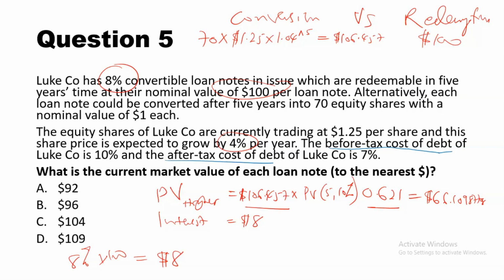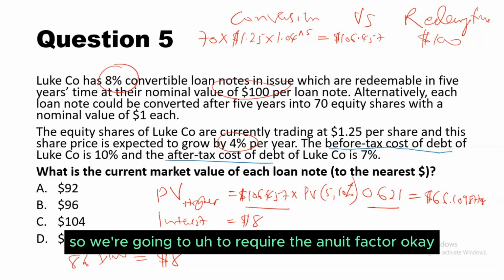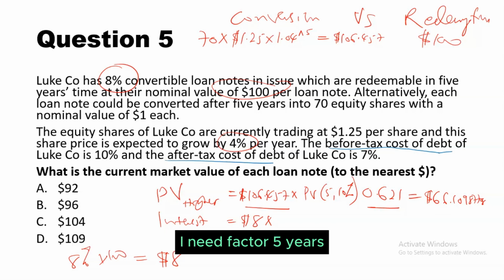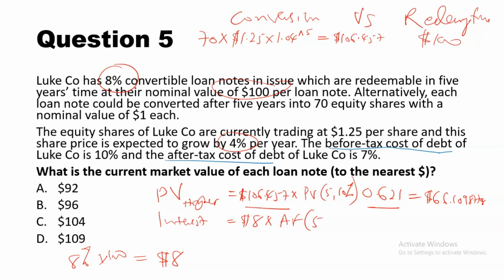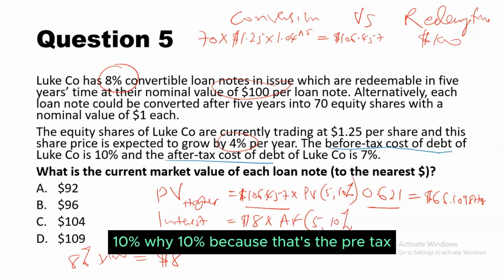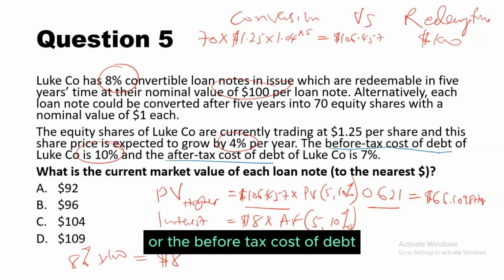So we are going to require the annuity factor, 5 years, 10%. Why 10%? Because that's the pre-tax or the before-tax cost of debt.